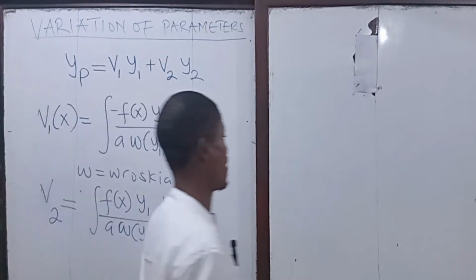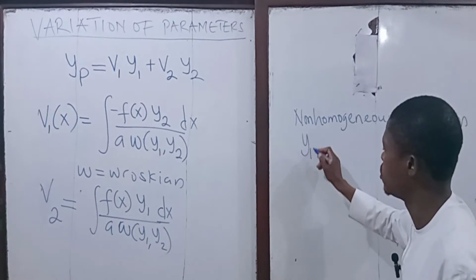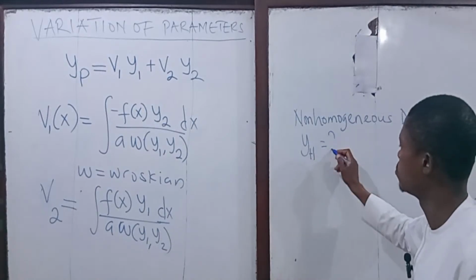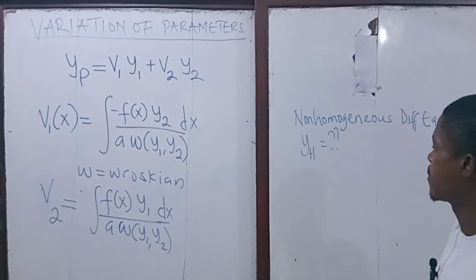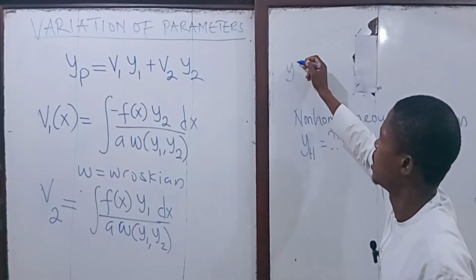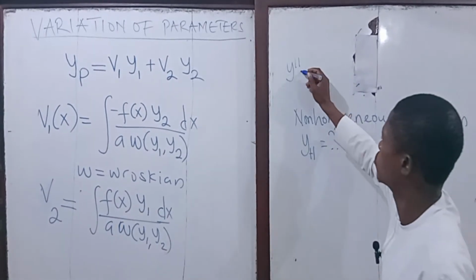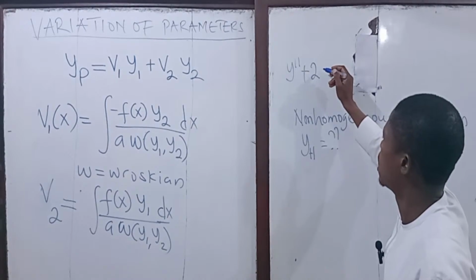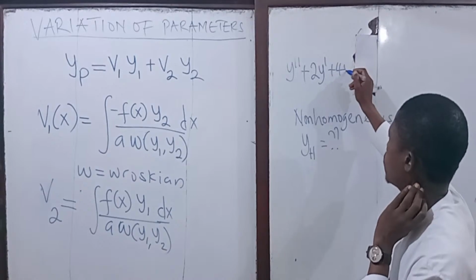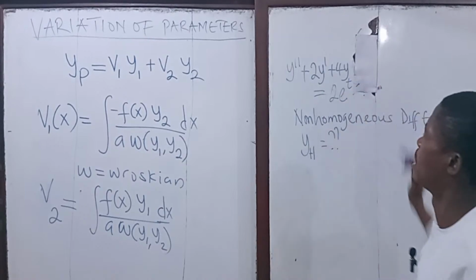The steps have not changed. When you have a non-homogeneous equation, you get the homogeneous part of the equation. For example, let's say you have the second derivative plus 2 times the first derivative plus 4y equal to 2 times e to the power t.